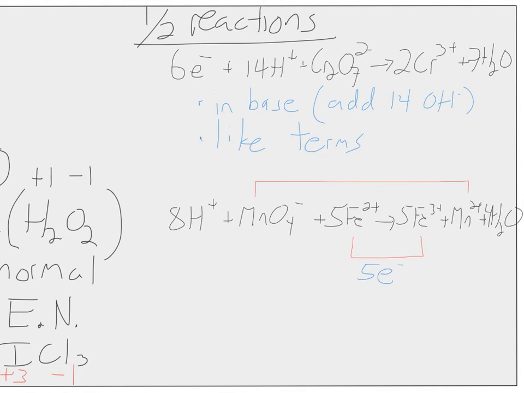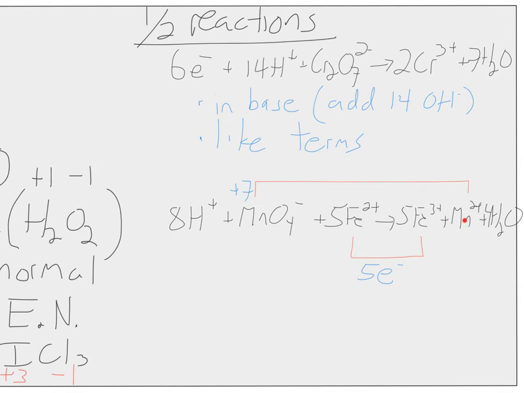The iron is being oxidized from iron 2 to iron 3. And if we looked at the permanganate, we could see that its oxidation state is positive 7 over here and positive 2 over here, because that's already given to us. So there's one of them, the coefficients are 1, going from 7 to 2.